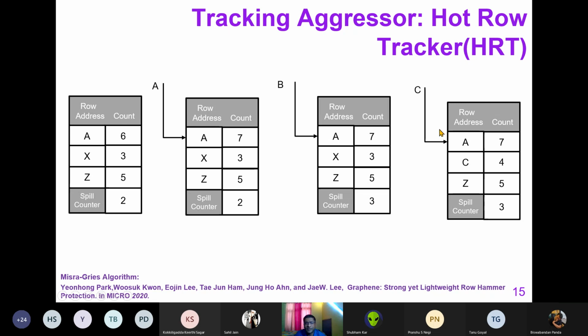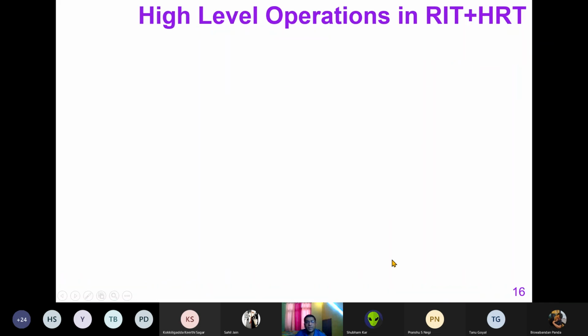In this way, this tracking mechanism is one of the most efficient mechanisms, but there is some redundancy. You might observe that B is probably coming for the first time, but since the spill counter value is 3, it assumes B also has an activation count of 3, which may not be true.